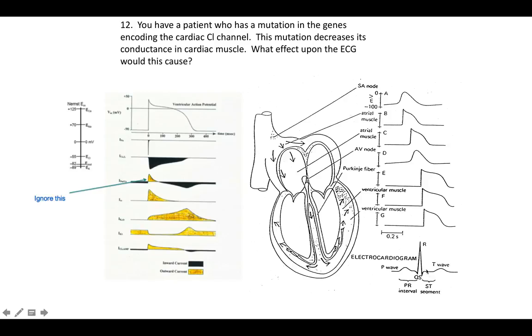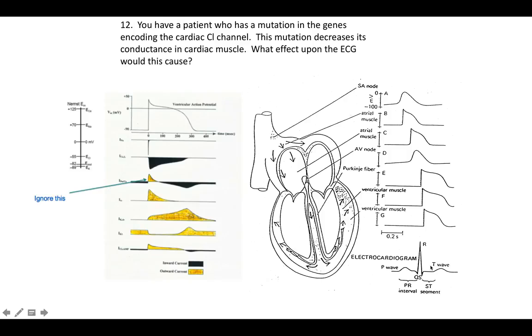So during my ST segment, I'm depolarized everywhere in the ventricle. And then as repolarization takes place, my T wave hits. So you're in the plateau phase during this ST segment. If you lengthen the plateau phase, you're going to lengthen this ST segment, and your T wave will come later.